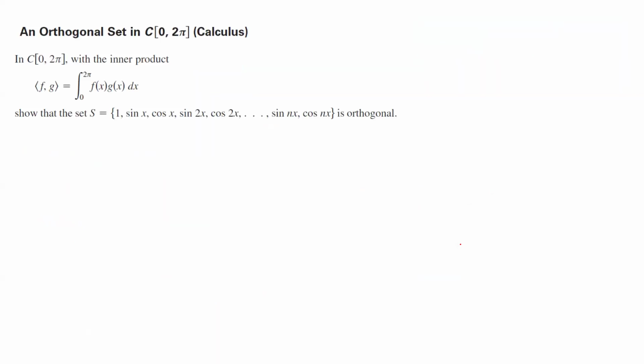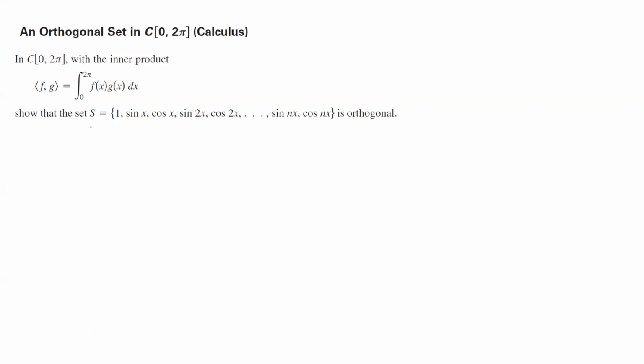Next example for you, an orthogonal set in the vector space of all continuous functions between 0 and 2 pi. Remember that in the vector space of all continuous functions on a closed interval, we define the inner product this way. The inner product is defined as the definite integral from 0 to 2 pi of f times g.